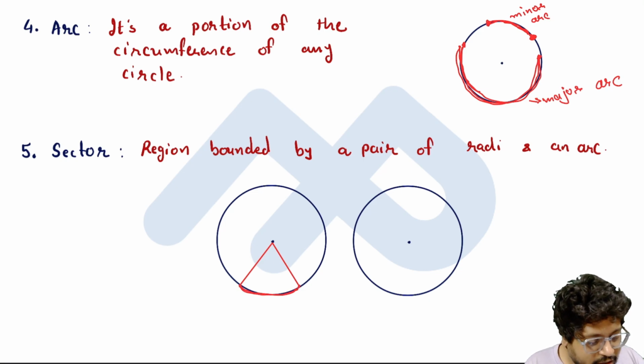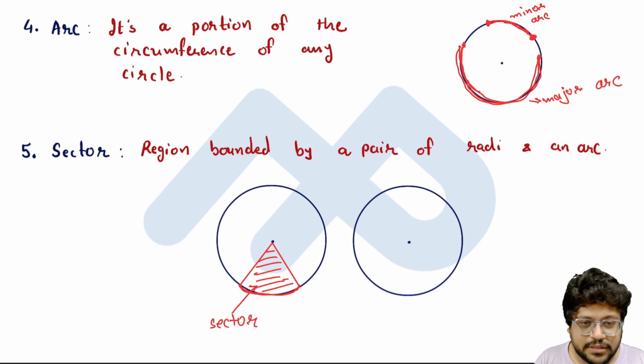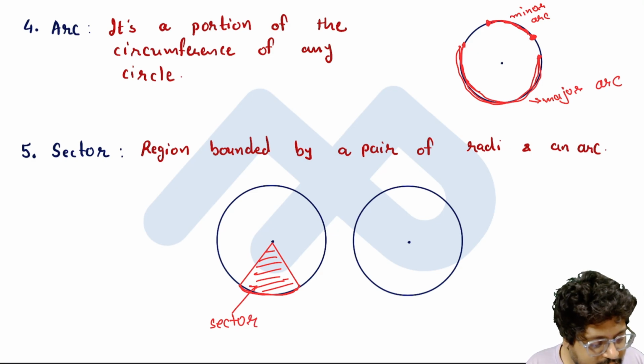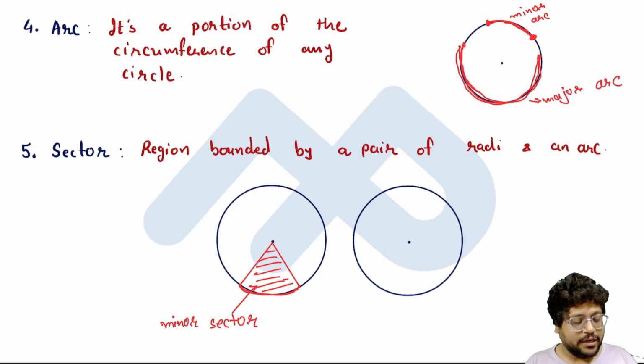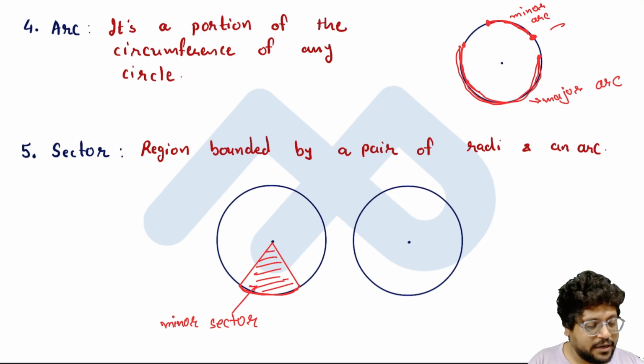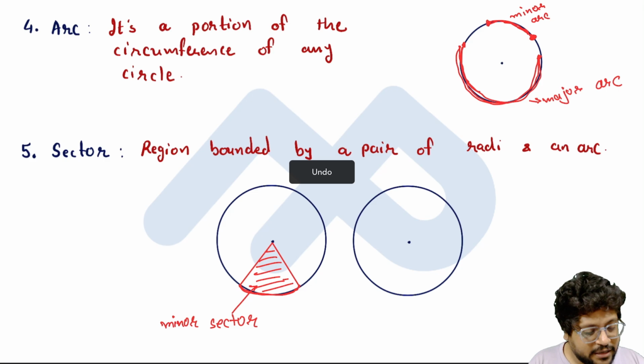So this region is your sector. Basically, a pizza slice is always a sector. Specifically, this is the minor sector. Why? Because the arc associated with this sector is a minor arc, which we have already seen. This is why this is a minor sector.